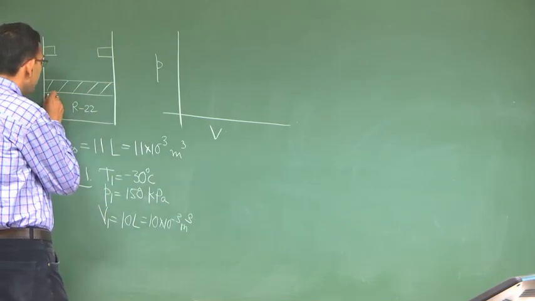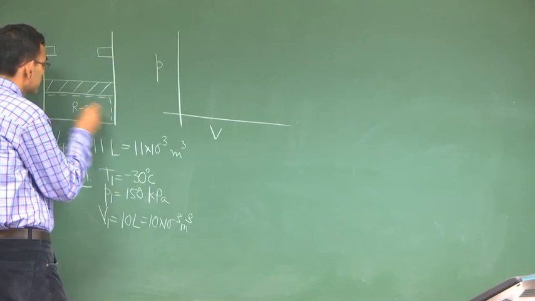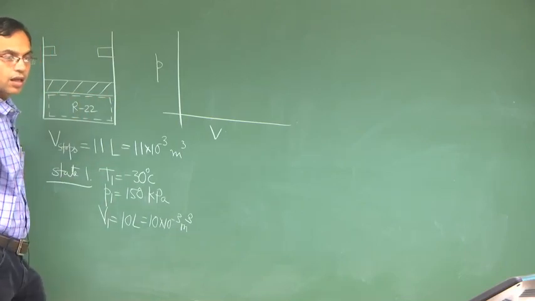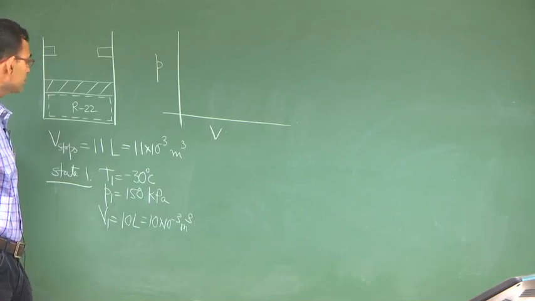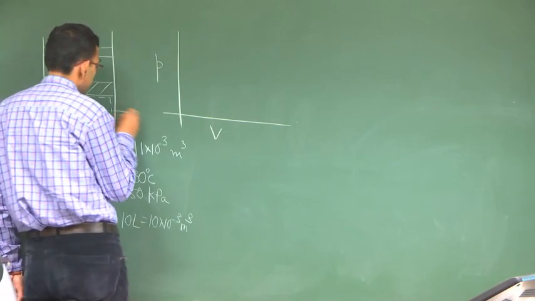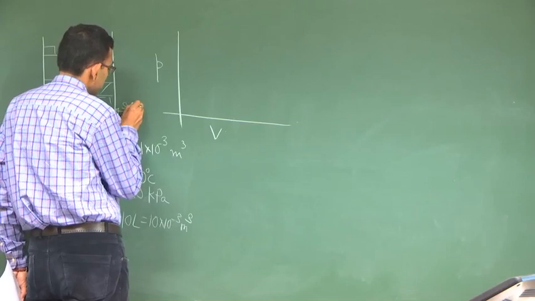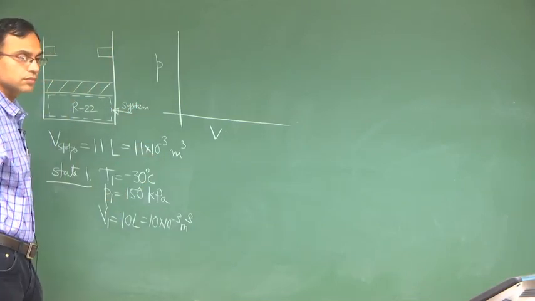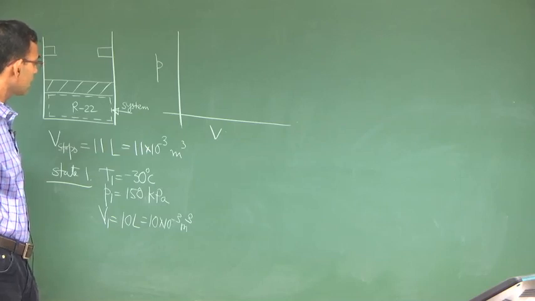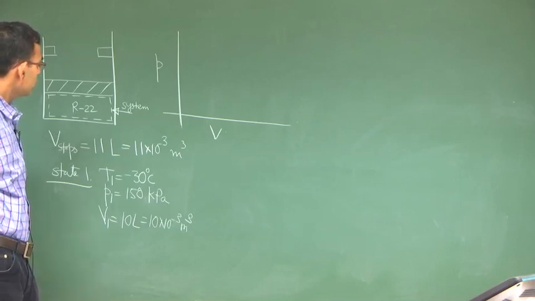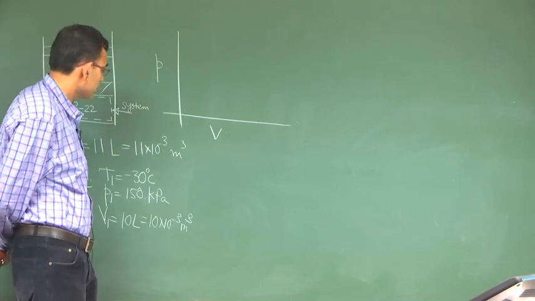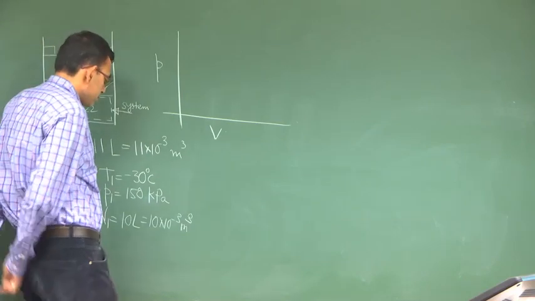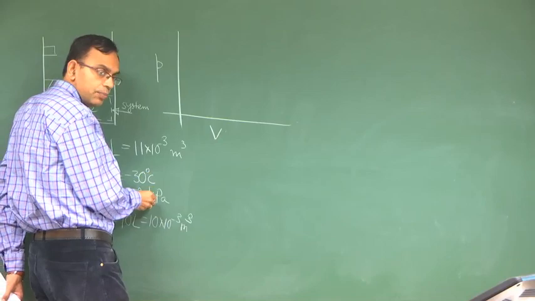So you have the system here, in this system at state 1, you have two independent properties.